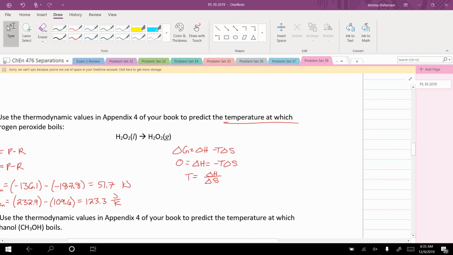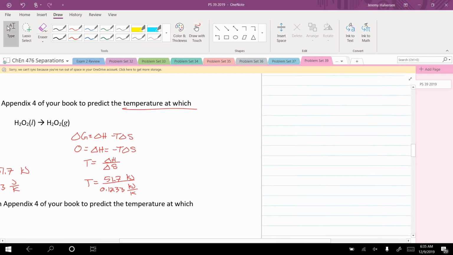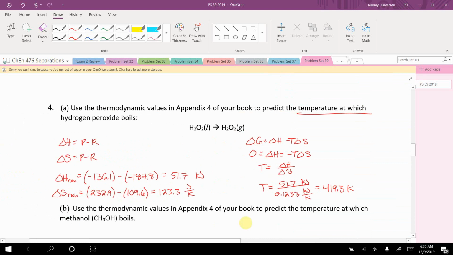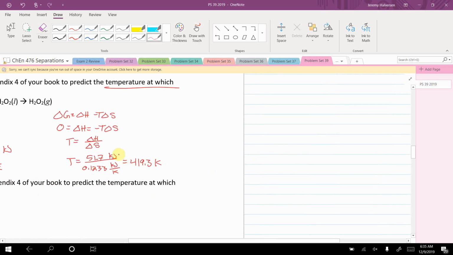I can plug these in, making sure that my units match. Kilojoules over 0.12 kilojoules per Kelvin. That gives me a temperature of about 419.3 Kelvin. That's when it's going to boil.